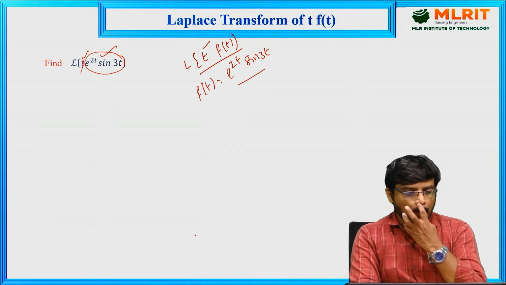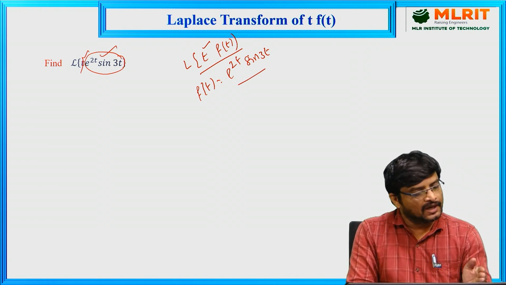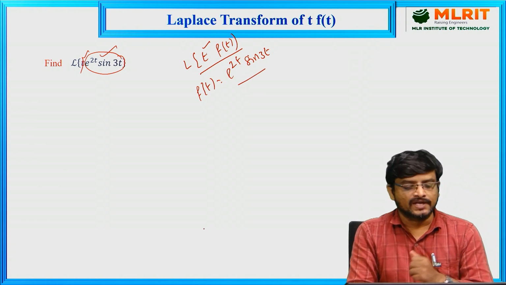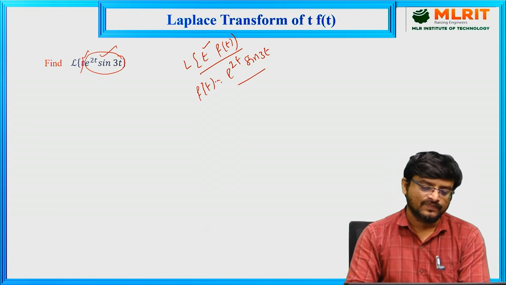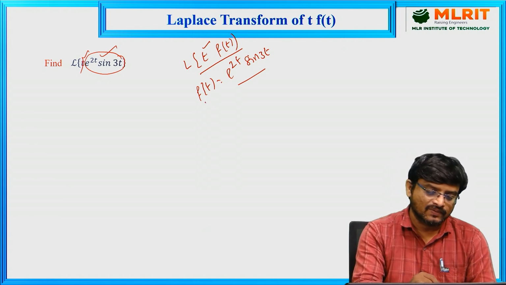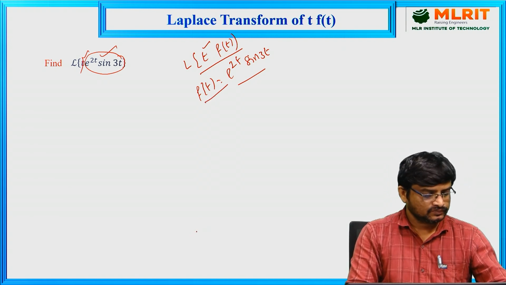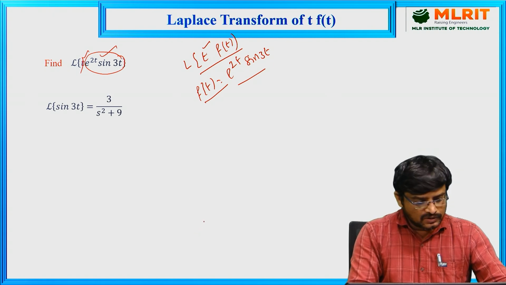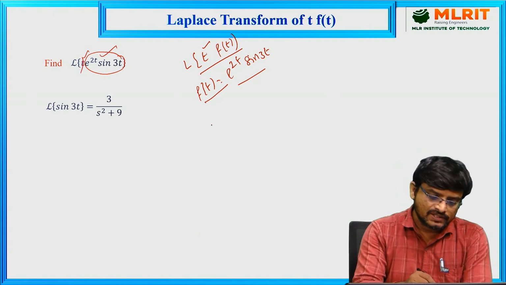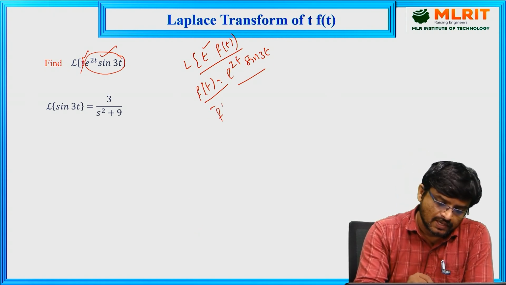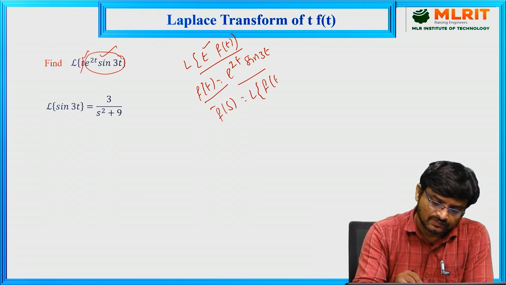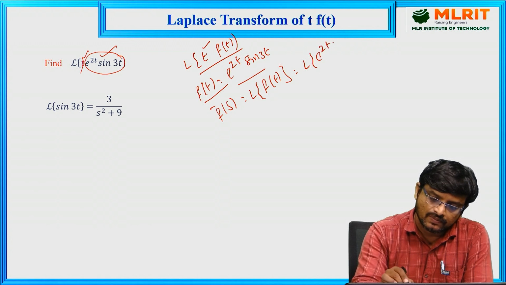Like this, we have to compare the given function with the standard function t into f of t and get the value of f of t. Now our task is to find f bar of s, that is Laplace transform of f of t, so that is Laplace transform of e power 2t into sine 3t.